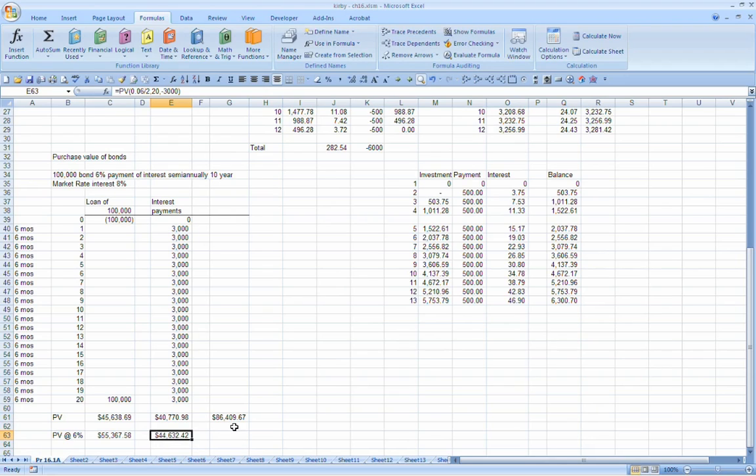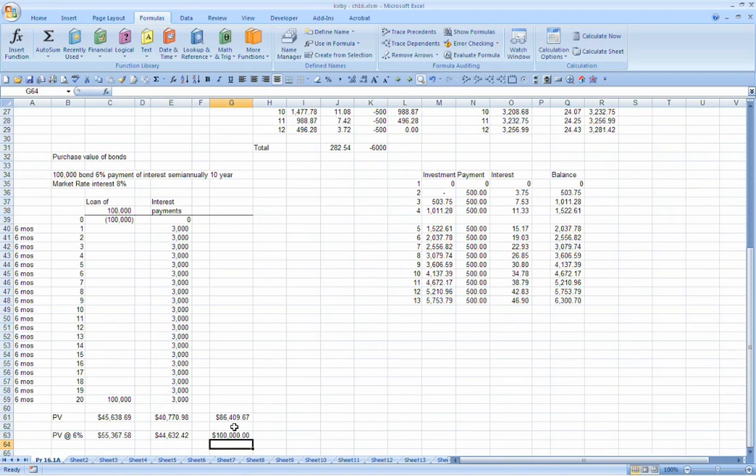So notice at a lower interest rate, I would have to put more money into the bank to get the same stream of payments. And if I add both of those together properly, the value of the bond at face value, at stated interest rate of 6%, is 100 grand.